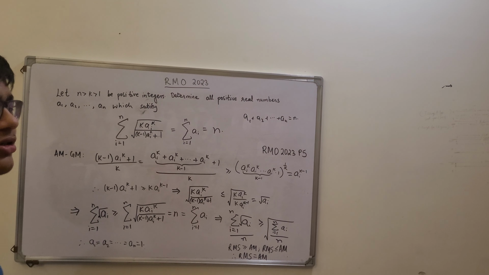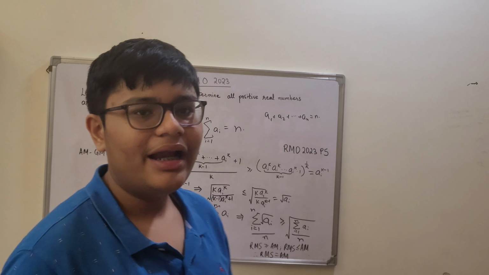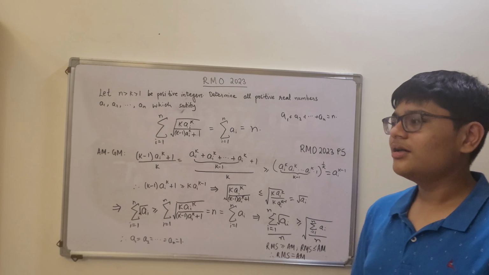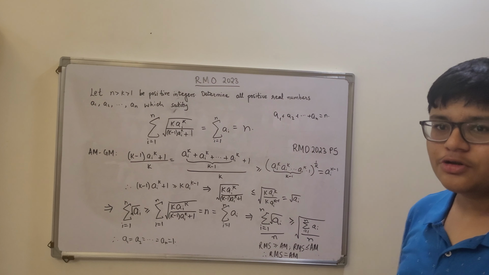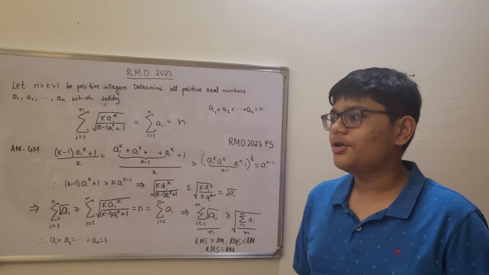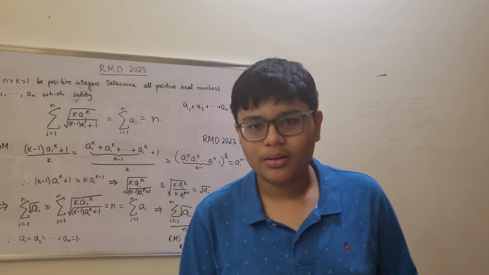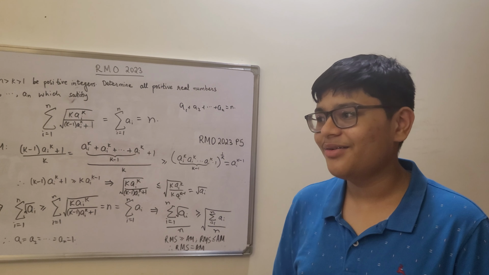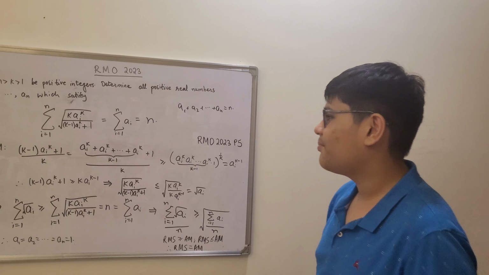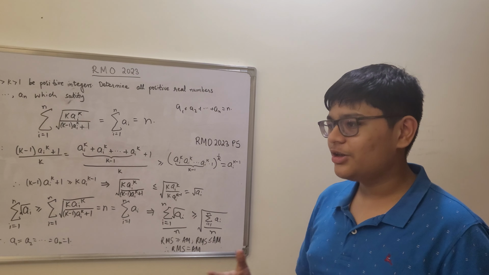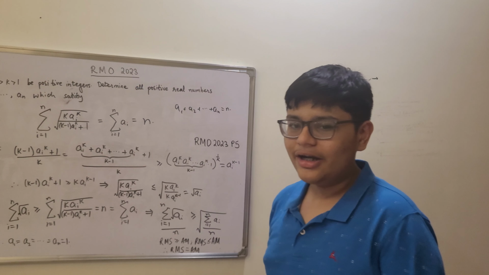The solution is on the board, but I'll try to motivate the solution, because this is problem 5 and it's supposed to be very tough, because problem 6, as we saw, was a very good problem, but problem 5 is actually a very easy question, but we'll try to motivate it.